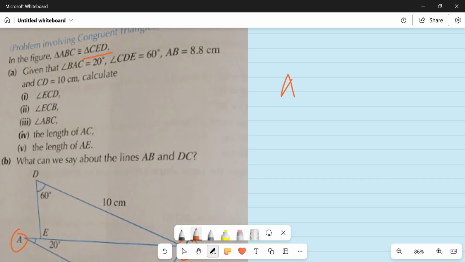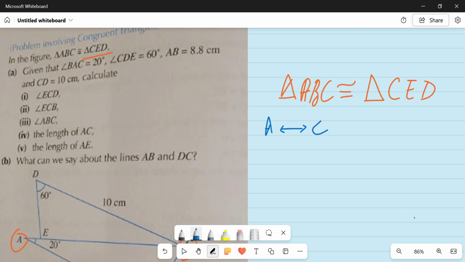So triangle ABC is congruent to triangle CED, right? First of all, we can say that A is congruent to C. A is corresponding to C. What is the meaning of corresponding?